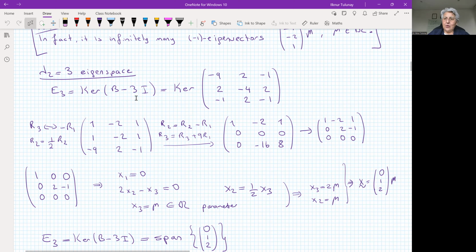We only subtract 3 on the main diagonal.